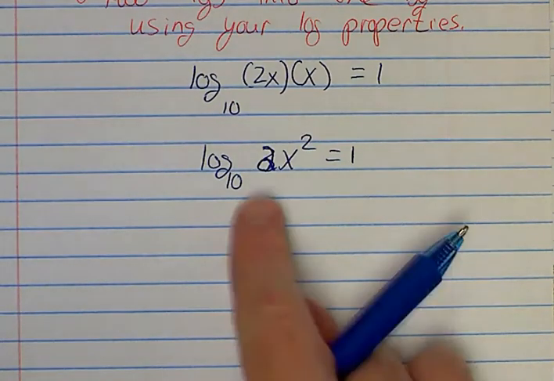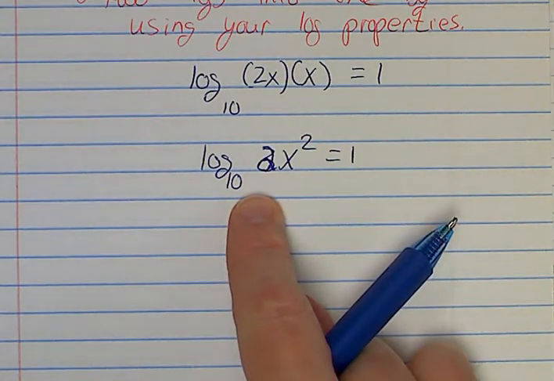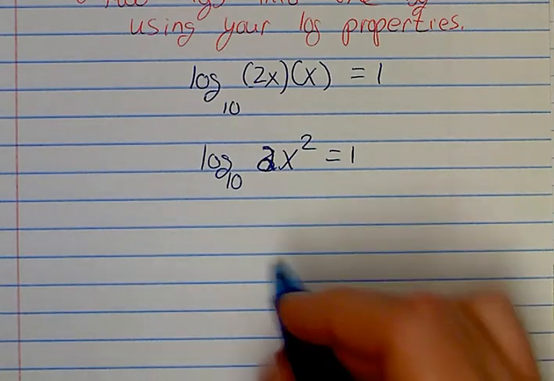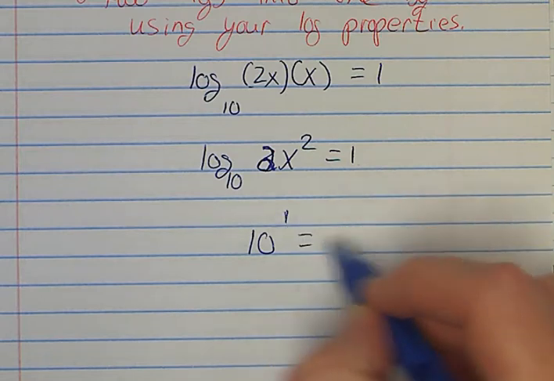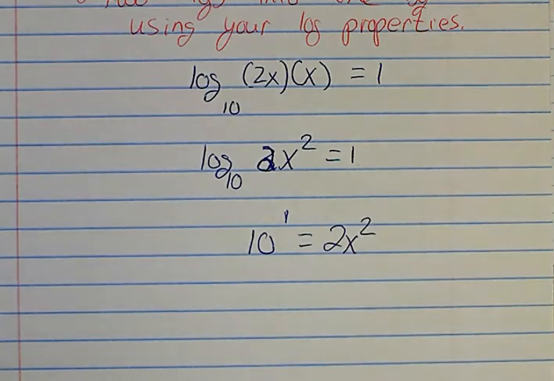All right, now you've got it down to just log of something, and now we can take this thing and rewrite it. So once we rewrite it, it's 10 to the first power equals 2x squared.